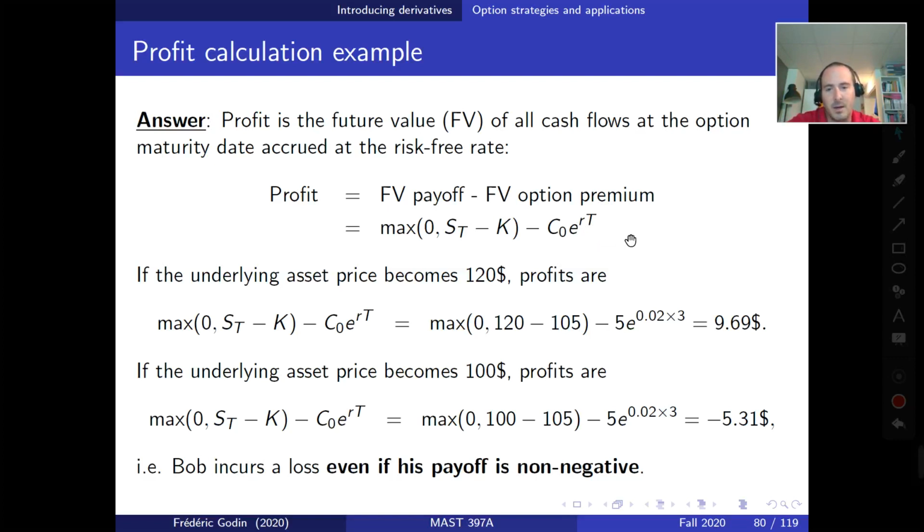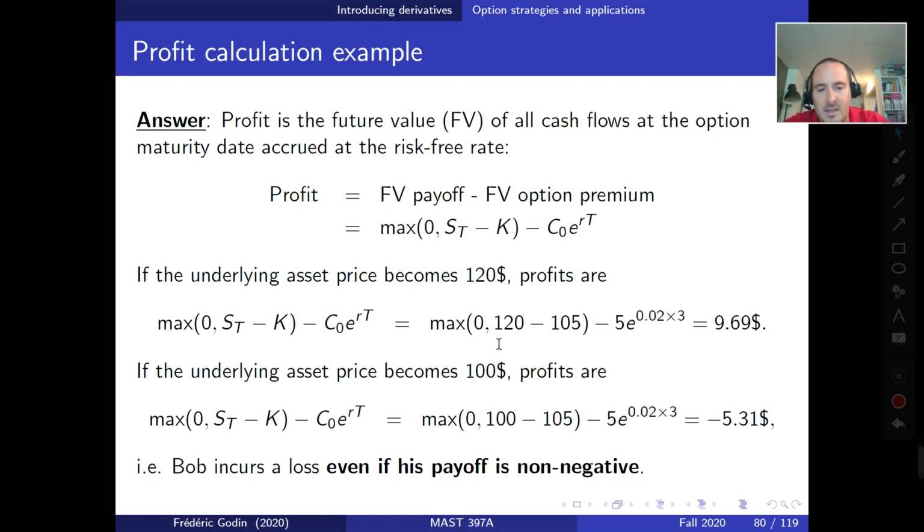So here we'll calculate the profit in two cases. The first case is what happens if S_T becomes 120. If the underlying asset value at maturity becomes that value, then we can just plug in the numbers in the formulas, and the profit would be the maximum between 0 and S_T minus K, minus the future value of the premium.